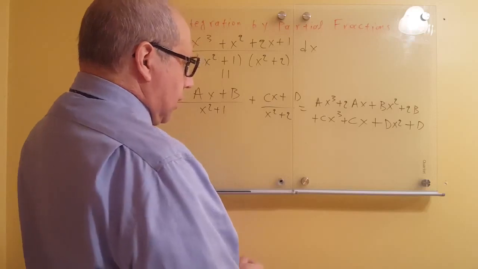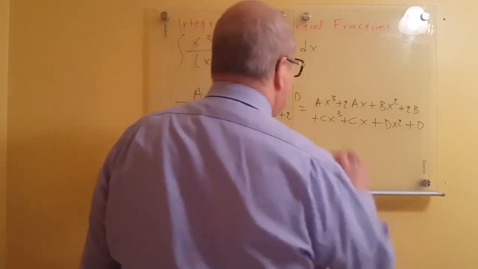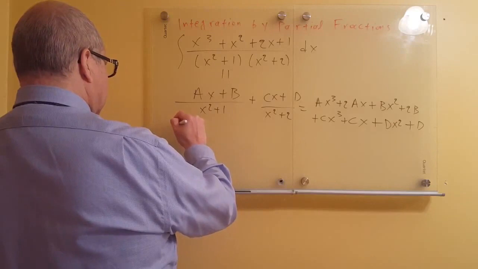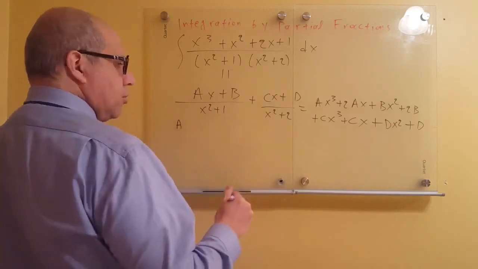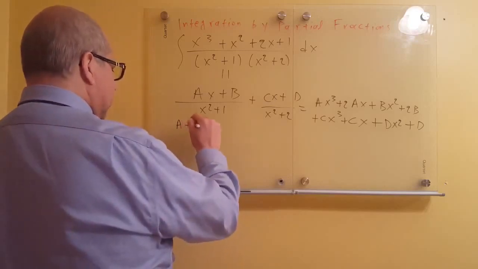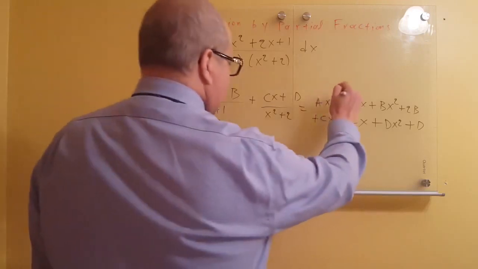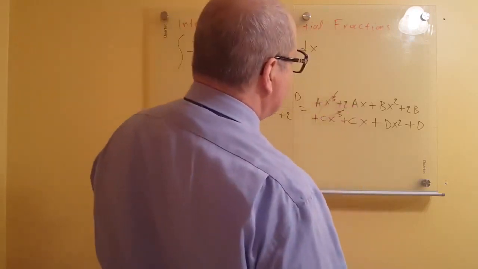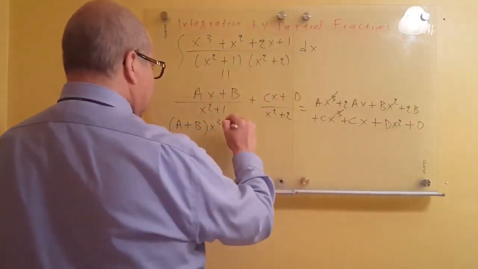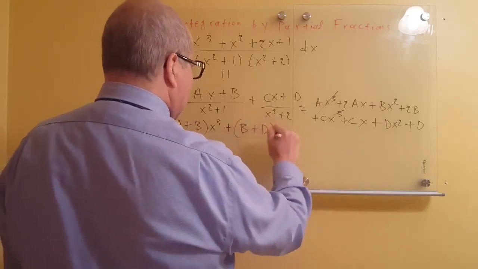So now we collect like terms. So we have ax to the third and cx to the third. We'll take the common factor, which is x to the third. So that should be (a plus c) x to the third. Now you have, let's say, bx squared and dx squared, so that should be plus (b plus d) x squared.